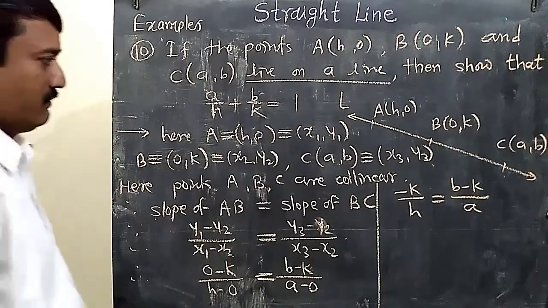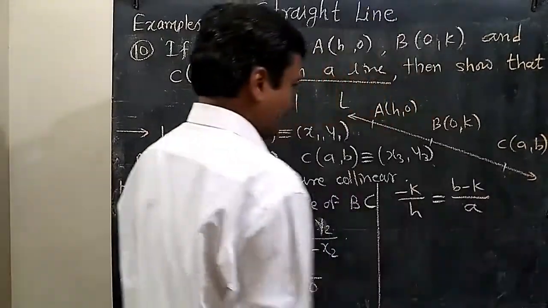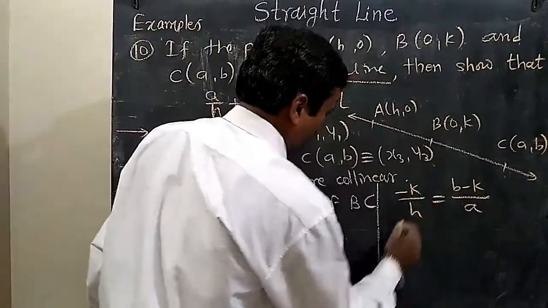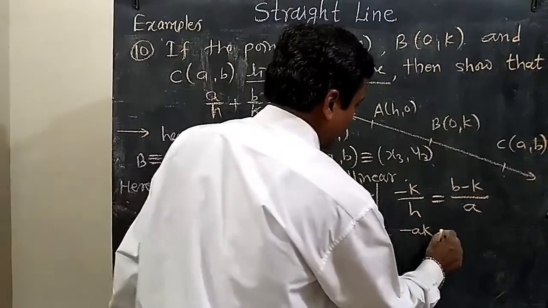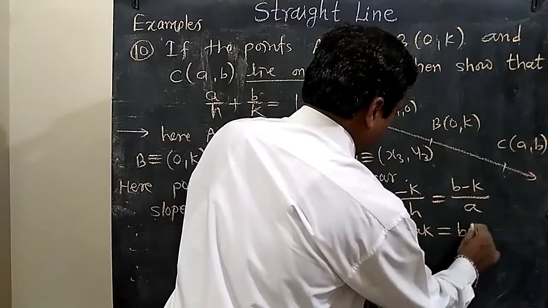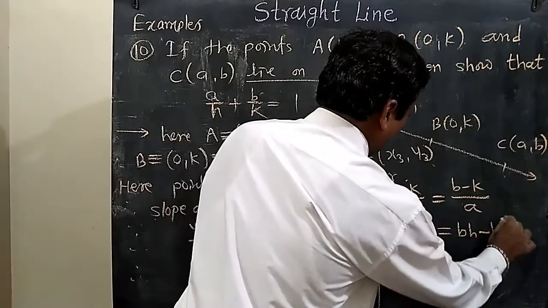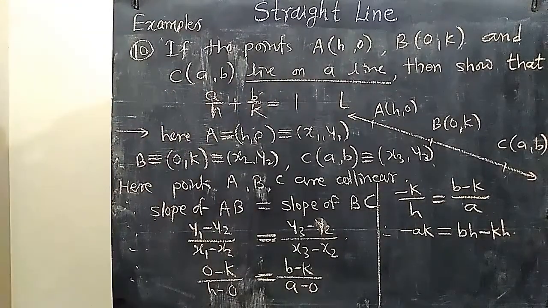Okay, let us take the cross multiplications so that we get here minus ak, and here multiplying we get bh minus kh.